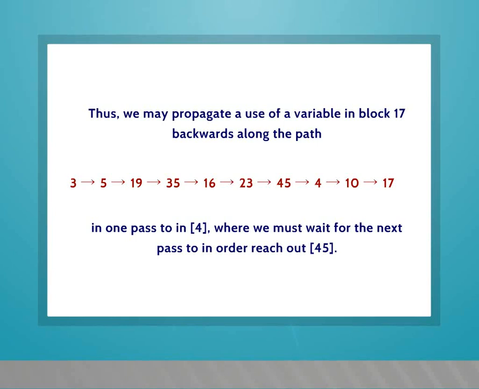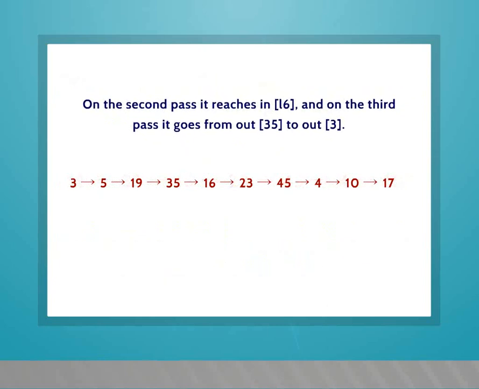In one pass it reaches in of 4, where we must wait for the next pass in order to reach out of 45. On the second pass, it reaches in of 16, and on the third pass, it goes from out of 35 to out of 3.